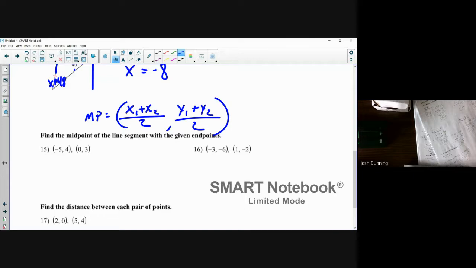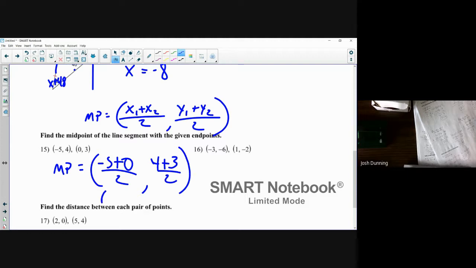There's only 2 x's, so divide by 2. 2 y's, divide by 2. So we got midpoint here equals -5 plus 0 over 2, then 4 plus 3 over 2. -5 over 2 is -2.5. 4 plus 3, 7 divided by 2, 3.5.